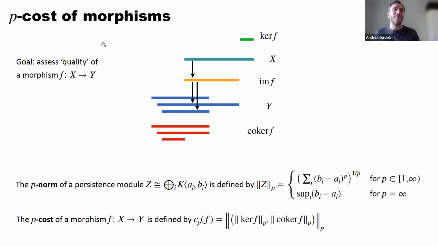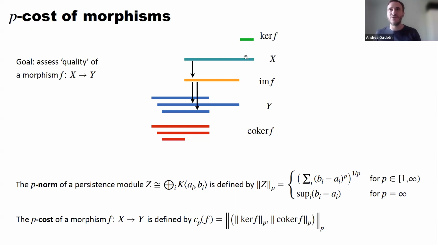I want to consider a measure of the quality of a morphism and of the induced matchings. So let's say that our goal is to assess the quality of a morphism between persistence modules, where by quality, I mean how far a morphism is from being an isomorphism.